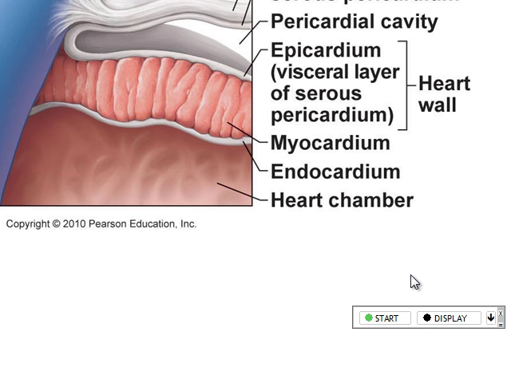If that's not slick and slippery so I can come in and slide off, if it's kind of rough, what's going to happen when I come in? Yes? I'm going to explode. So that layer has to be very slick. So the endocardium is very slippery and slick.